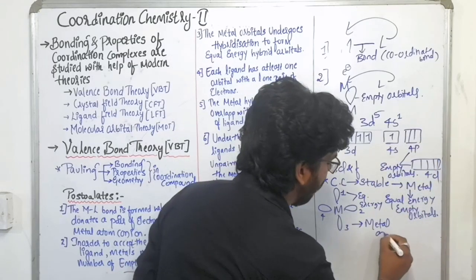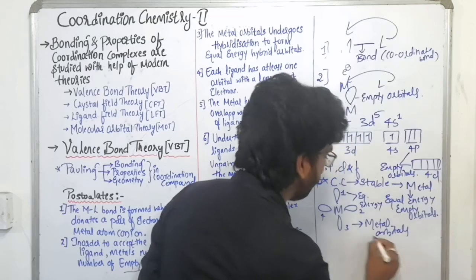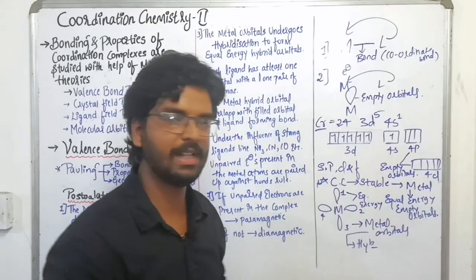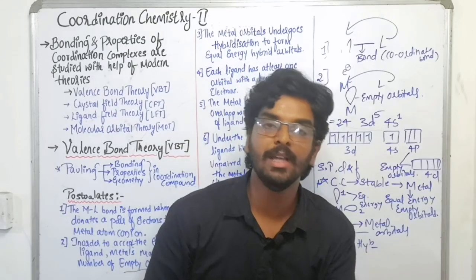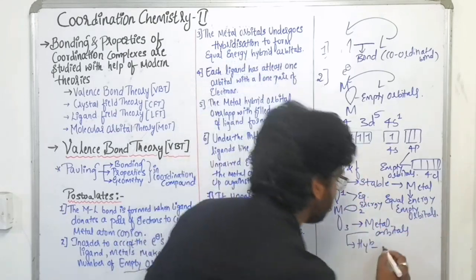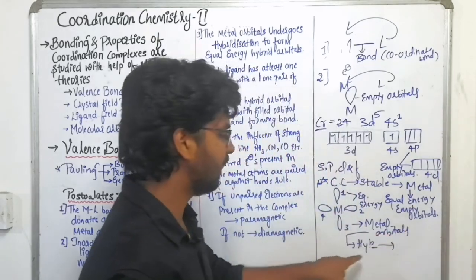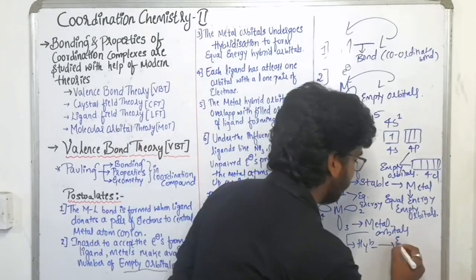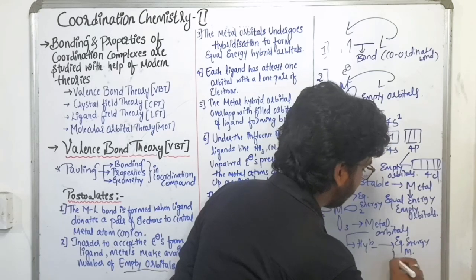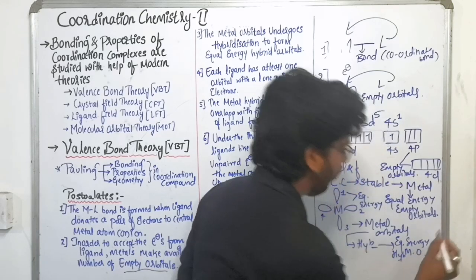So the metal orbitals undergo hybridization. The metal orbitals undergo what? Hybridization in order to form equal energy empty orbitals. That means the metal orbitals undergo hybridization to form equal energy hybrid metal orbitals.